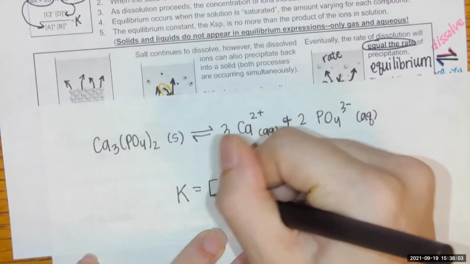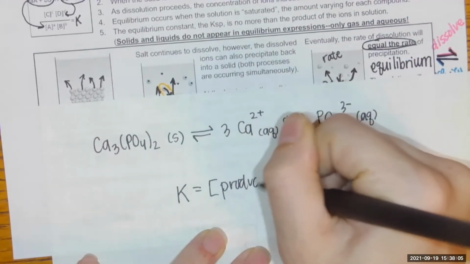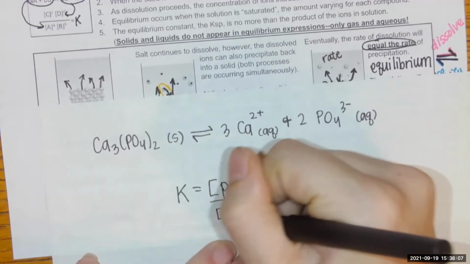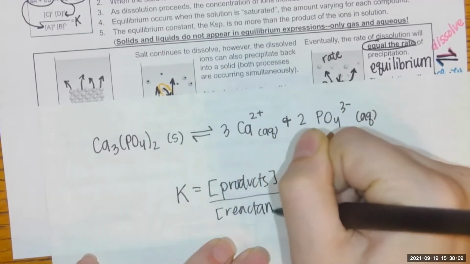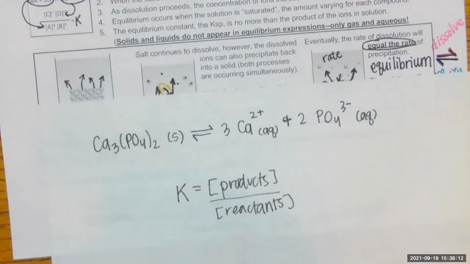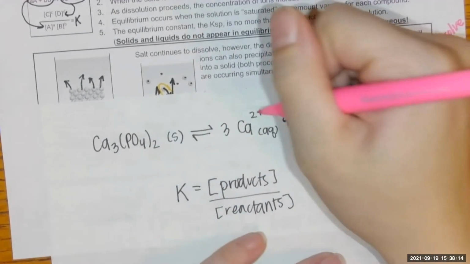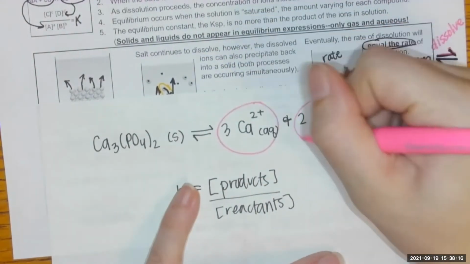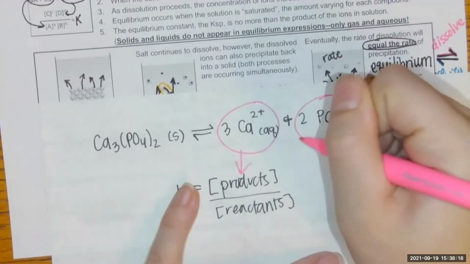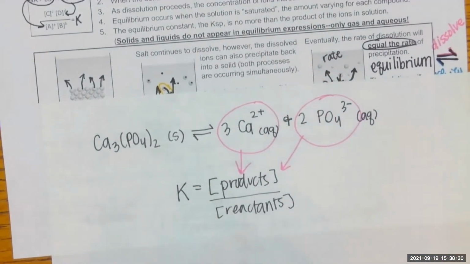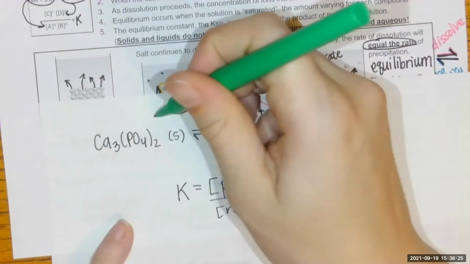K equals products over reactants. These are my products, 1, 2, they're going to go up top. Reactants are going to go underneath.